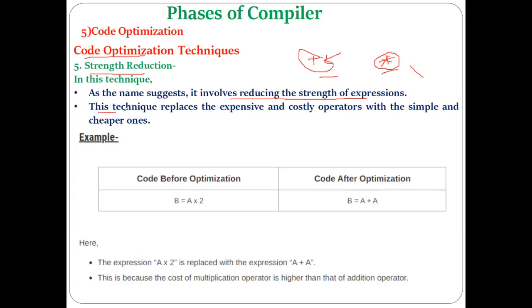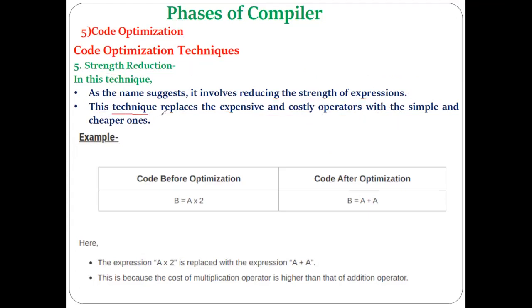So this technique replaces the expensive and costly operators. Which are the expensive and costly operators as compared with plus and minus? Star and division operators are the expensive and costly operators. So replacing the expensive and costly operators with the less expensive and less costly operators is called strength reduction.